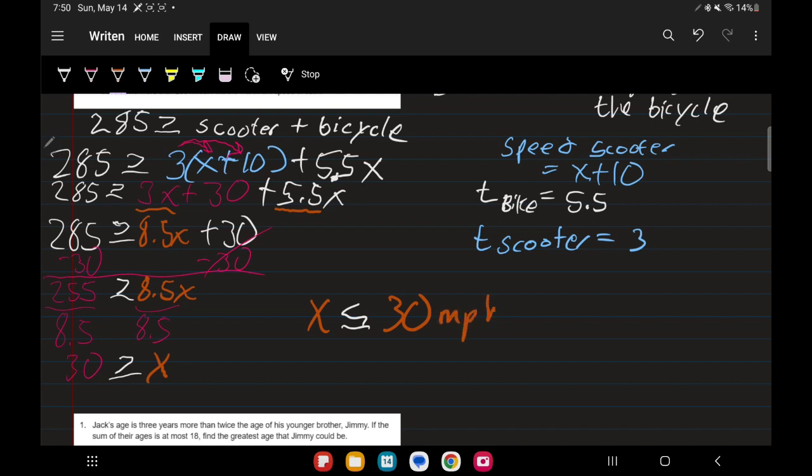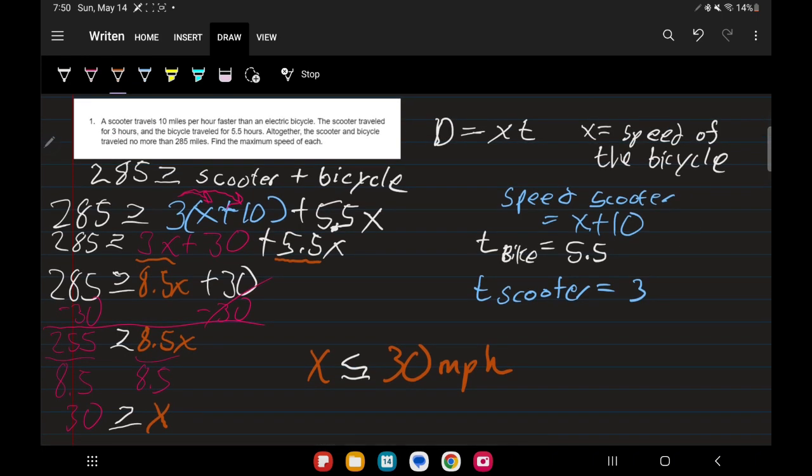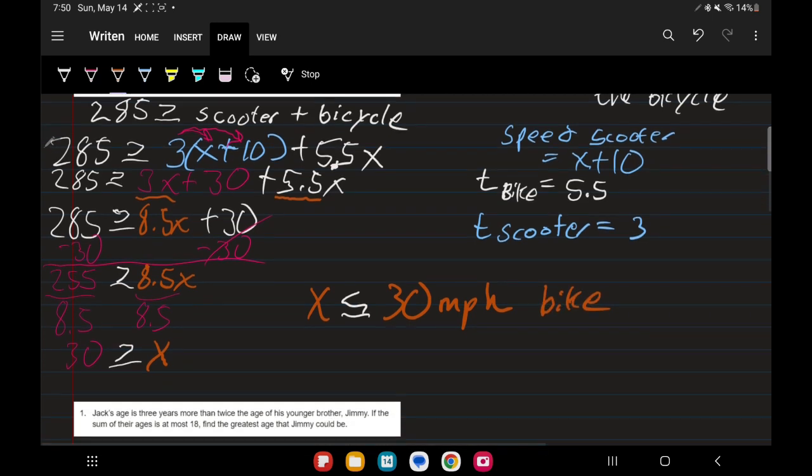Miles per hour. Do not forget your units. You do need them. And then don't forget, then the speed of the scooter, so this is the bike. For the scooter, we end up with 30 plus 10 is equal to 40 mph. We'll call it scooter.